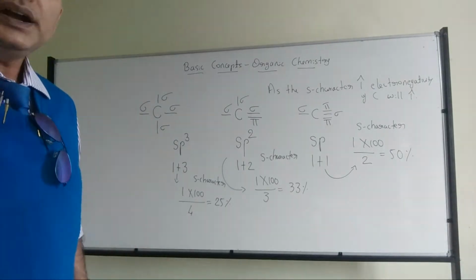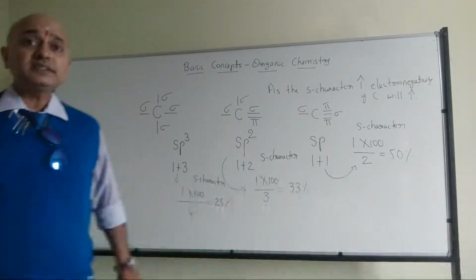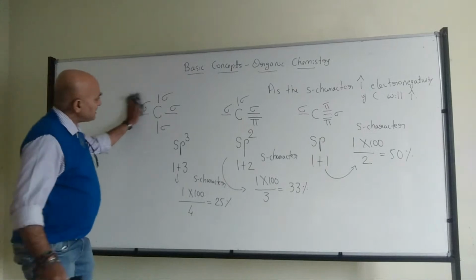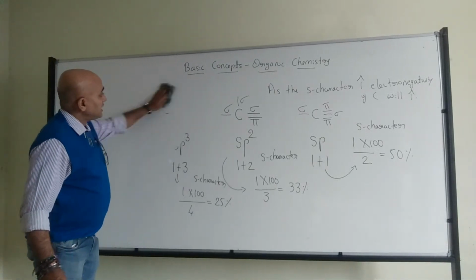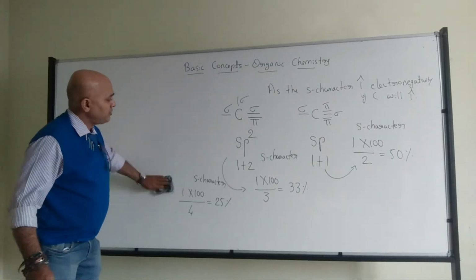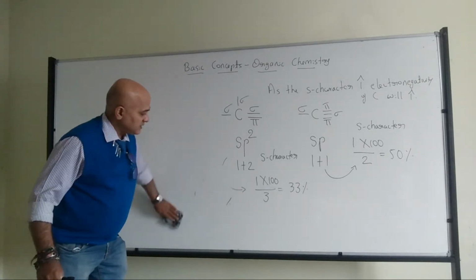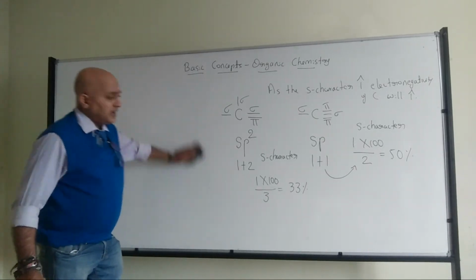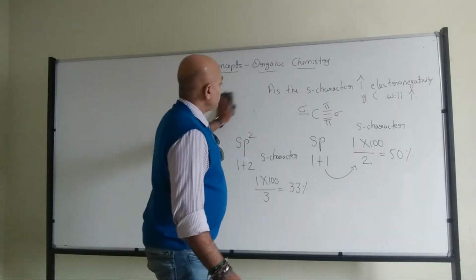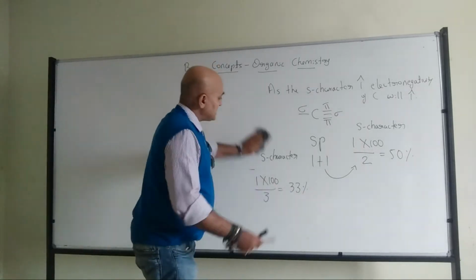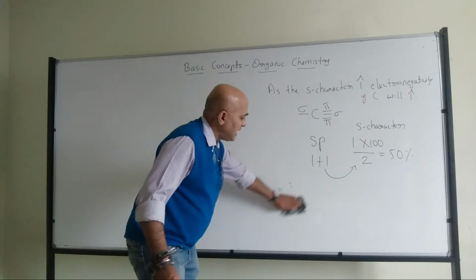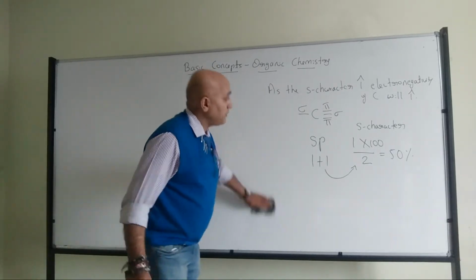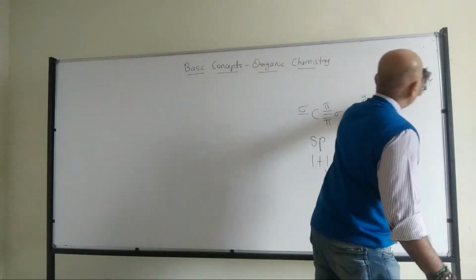Whatever I have written is related to s character. As the s character increases, the electronegativity of that carbon increases. Therefore, since the s character is increasing, the sp hybridized carbon will have a stronger bond. The triple bond will be a stronger bond.